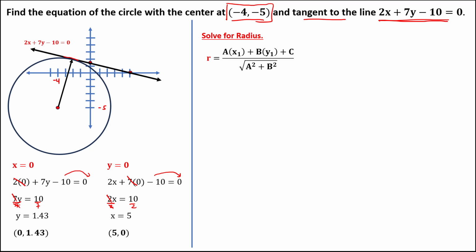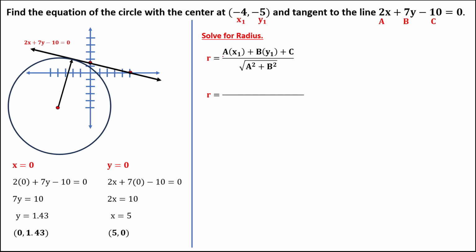So the values for a, b, and c are from the tangent line, and this is a, b, and c. Then x sub 1 and y sub 1 are from the coordinate of the center. Then substitute now all the values to solve for the radius.